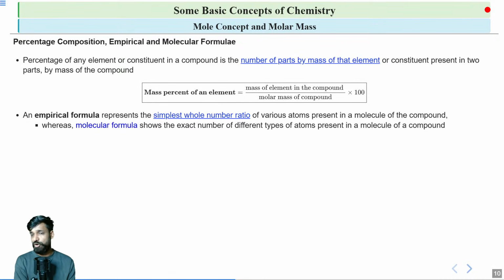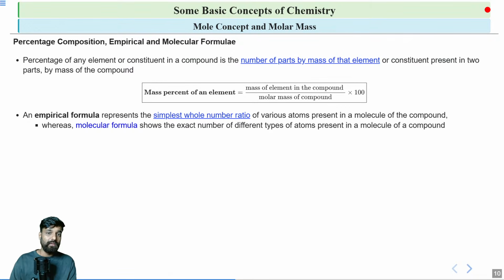So 6 is the common factor. If you take 6 common, then what will be left? CH2O. So this will be your empirical formula. So here you are just simply reducing your coefficients to simple whole numbers by taking a common number outside, right? That is the idea behind it.